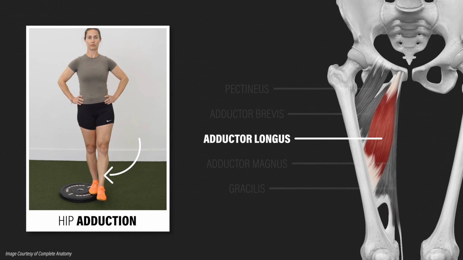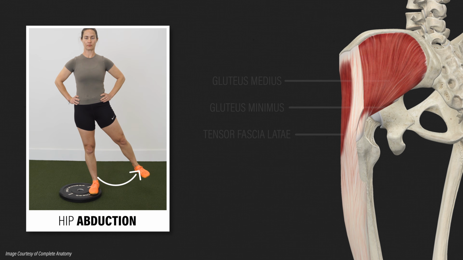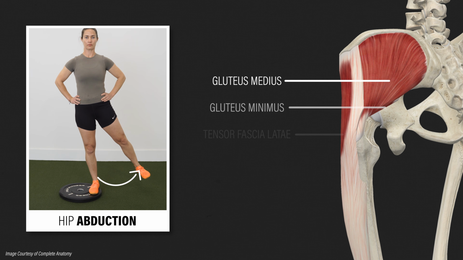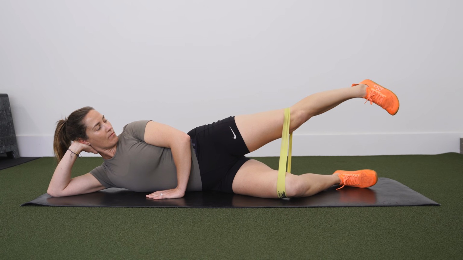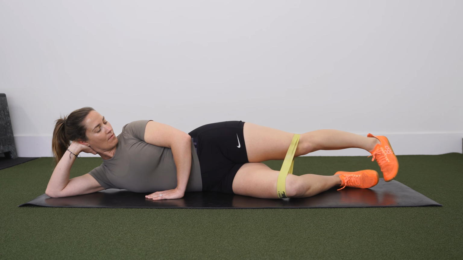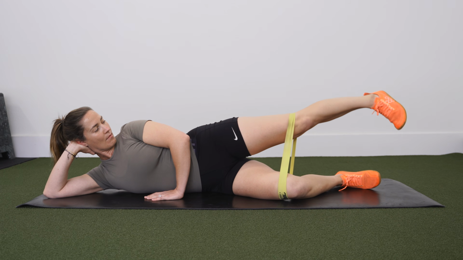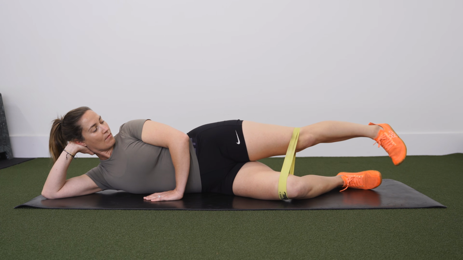For this video, I'll primarily focus on the adductor longus muscle as it is the most commonly involved in groin pain. Hip abduction, or bringing your thigh away from the midline of your body, is performed primarily by the gluteus medius, gluteus minimus, and the tensor fasciae lata. Although the hip abductors are not often a source of groin pain, they will be important in the exercises I share later in the video.